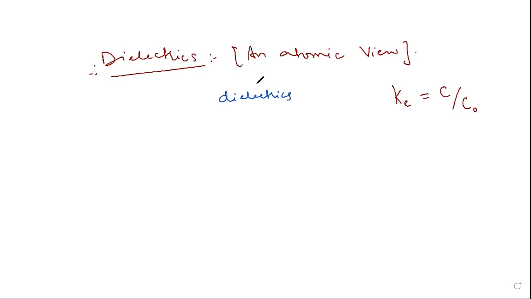Remember, when we are inserting a dielectric between the plates of a charged capacitor, we are actually placing the dielectric in an electric field, because there is an electric field between the plates of a charged capacitor. So dielectrics are of two kinds. One is polar, second is non-polar.